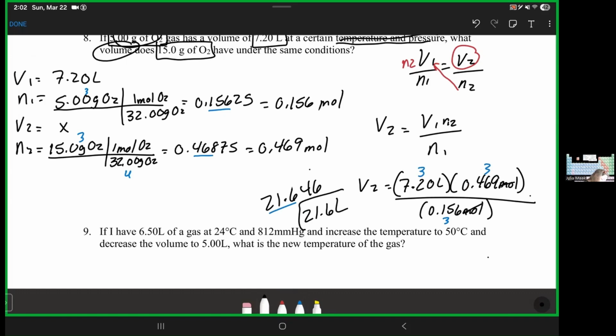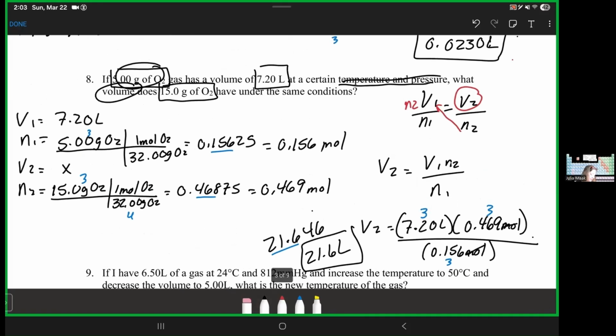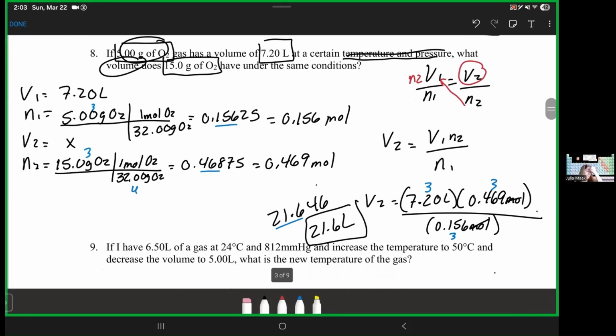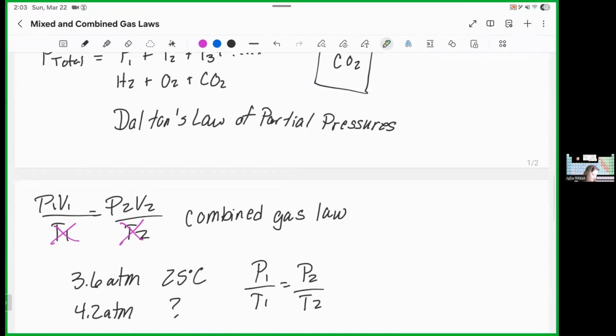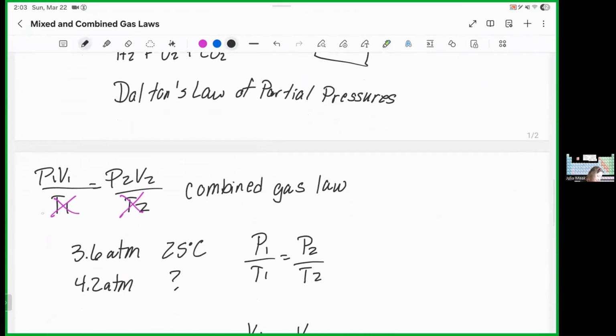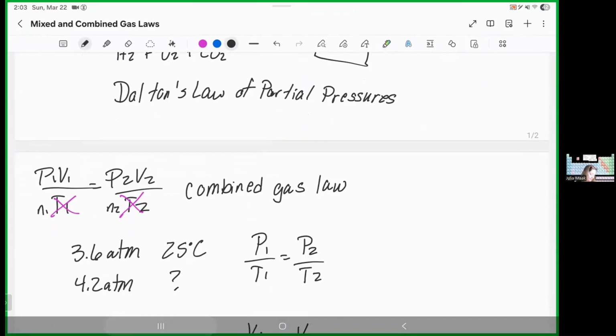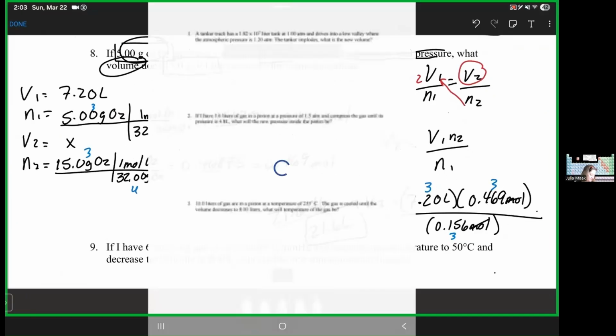We're left with liters. Okay, so we can slap moles into that combined law. Okay, so over here on this paper, I could have called this combined law an N1 and an N2 down there. Okay. All right, so let's do a couple more problems.